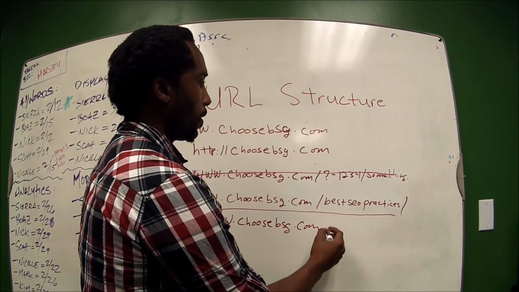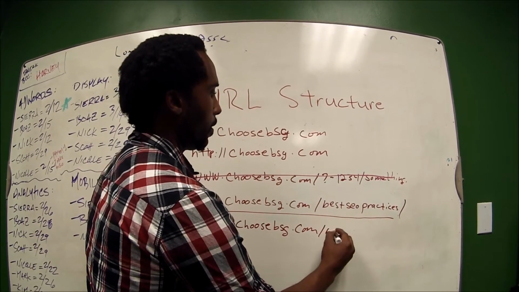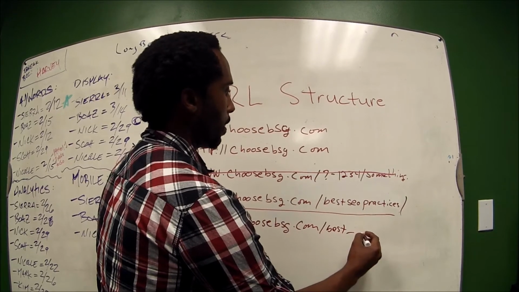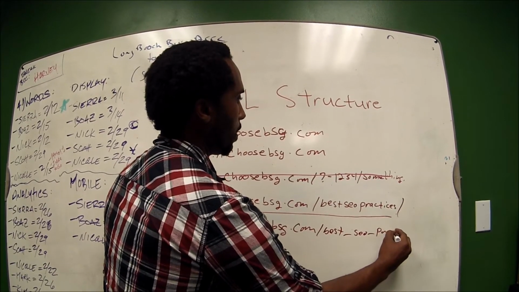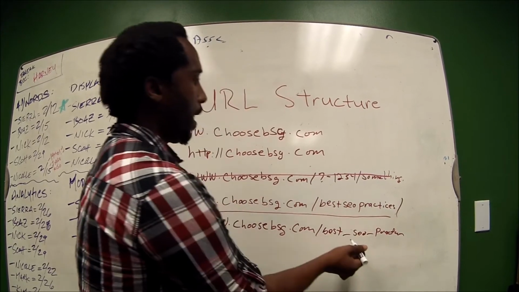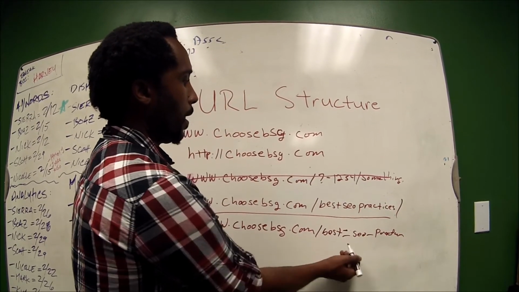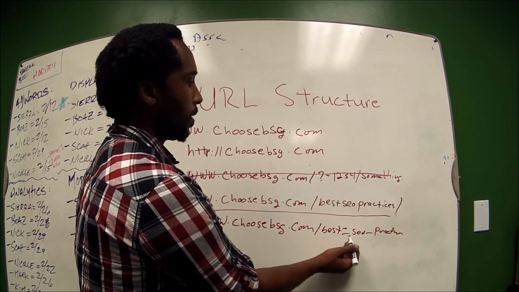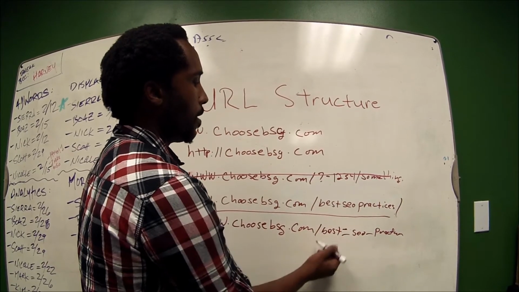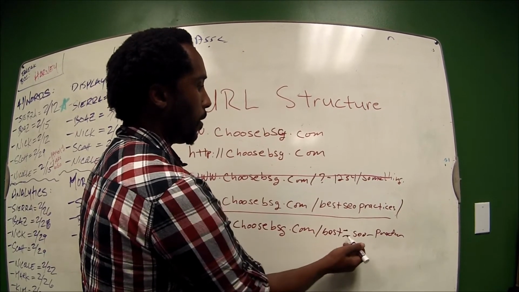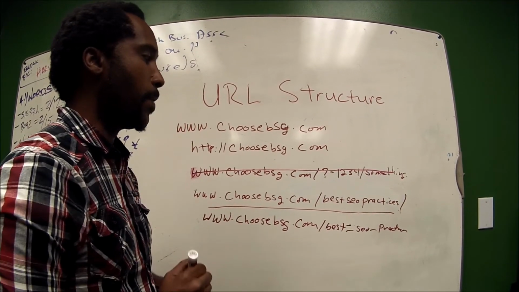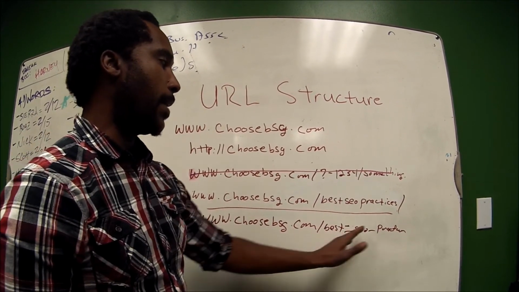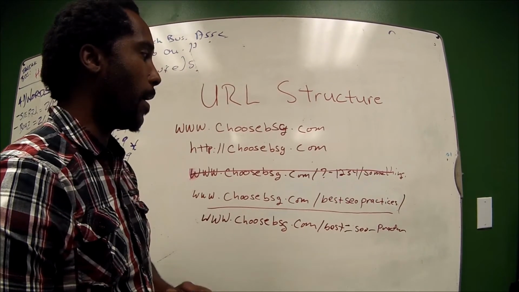You want to use the hyphen, so best-SEO-practices, instead of the underscore, because the search engines see the hyphen as a space. They see the underscore as a character. So if you're going to space it out, always use the hyphens, because that works out best for Google because it sees it as a space, and it'll take these as individual keywords for you.